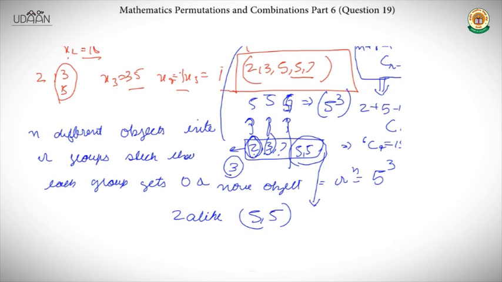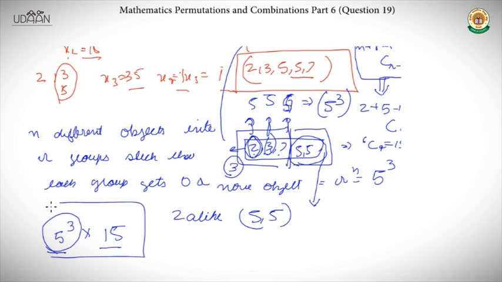Yes. So the total number of solutions for this equation will be 5 raised to the power 3, which comes from the division of n different objects into R groups, and 15 which comes from the division of n identical objects into R groups. That's why we did the different objects differently and identical objects differently, because we have a different formula for them.